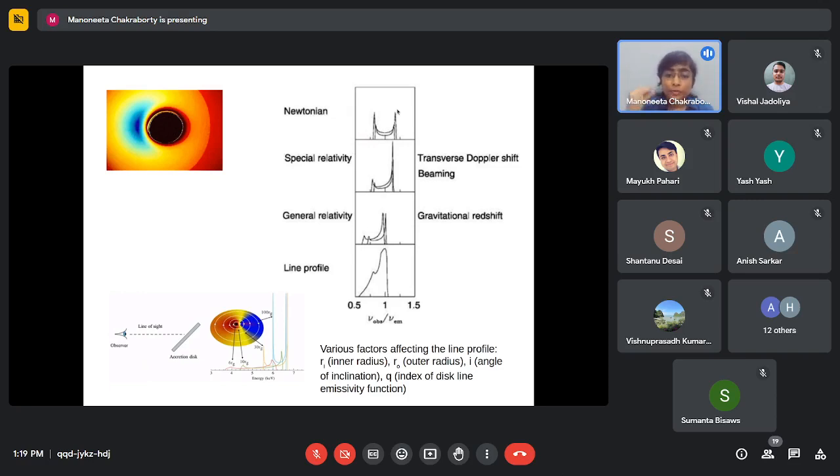But on top of that, there are effects of special relativity, general relativity, and different radii in that disk. So in the end, what we get is a line profile like this, which is a very skewed profile. But the interesting thing is that because all these effects are present, we can model this line to infer all these effects, and in turn the parameters of the object that is sitting there.